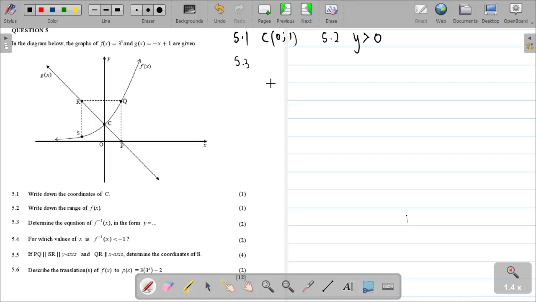So we must swap: x equals 3 to the y. Therefore log x equals y log 3. So y equals log x base 3.